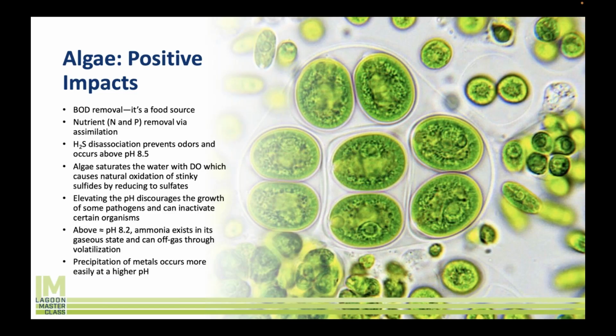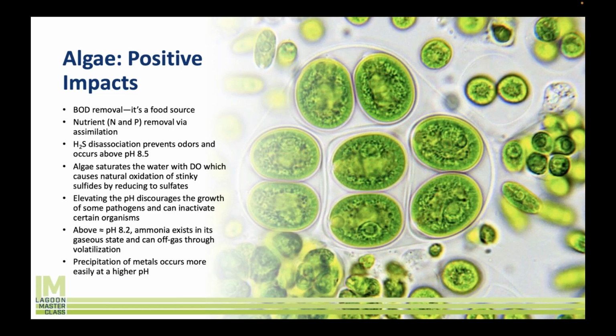The other thing that's good about algae is that it'll actually raise the pH in the water. And so you might have noticed, if you monitor your ammonia effluent, that you typically put out way less ammonia in the summertime than you do in the wintertime. And a big part of that is that algae is coming in, it is increasing the pH, and then it is shifting the balance of ammonia from the NH3 form of ammonia, which is typically what you find on your permit.